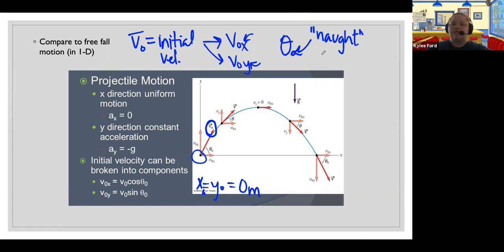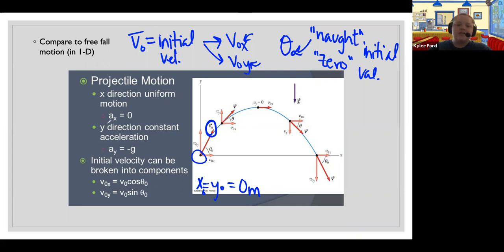Some people call it 0, but typically that's what we'll see for initial values.